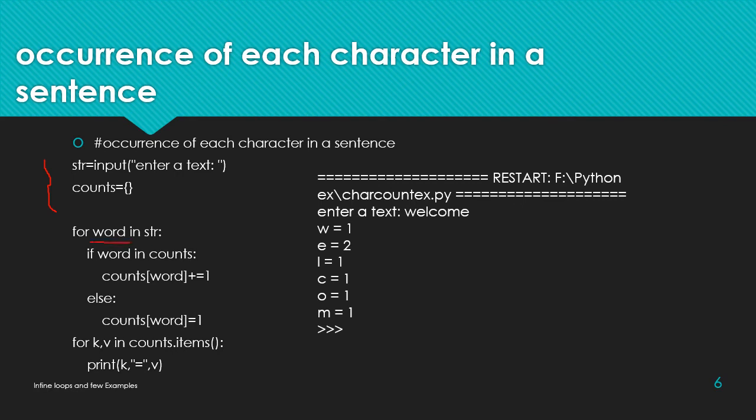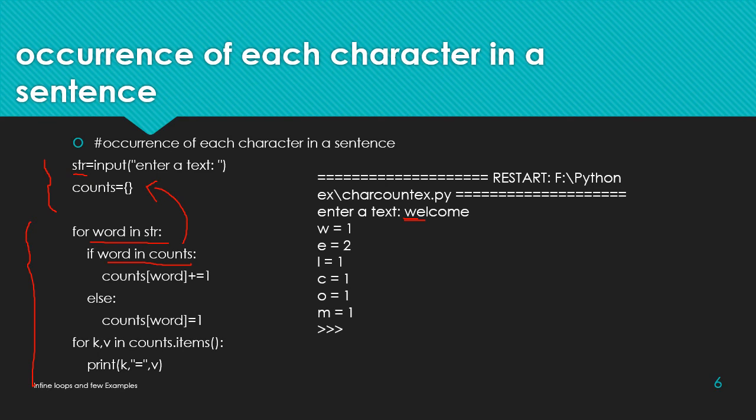For word in str, traversing the string from the first character to the last character, I'm checking whether each character is already in this dictionary or not. When a character is encountered the first time, it will be added to the dictionary with its count 1. When the character is encountered a second time in the string, its count in the dictionary will be updated to 2.